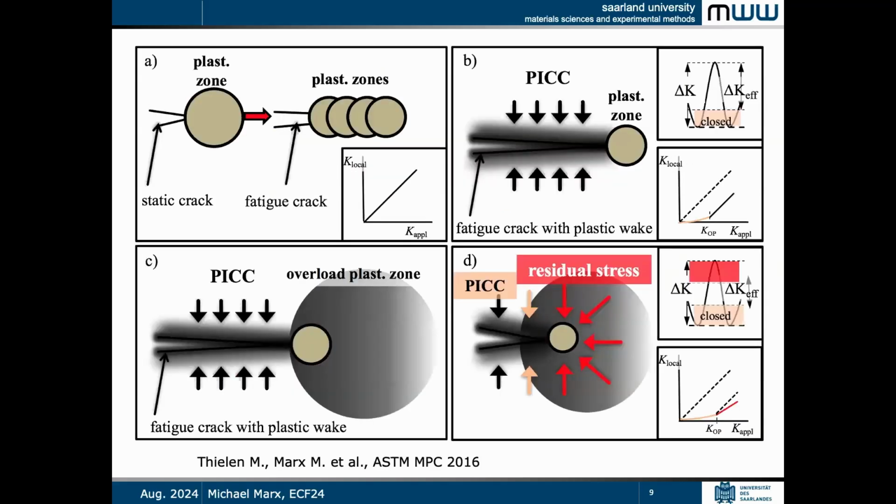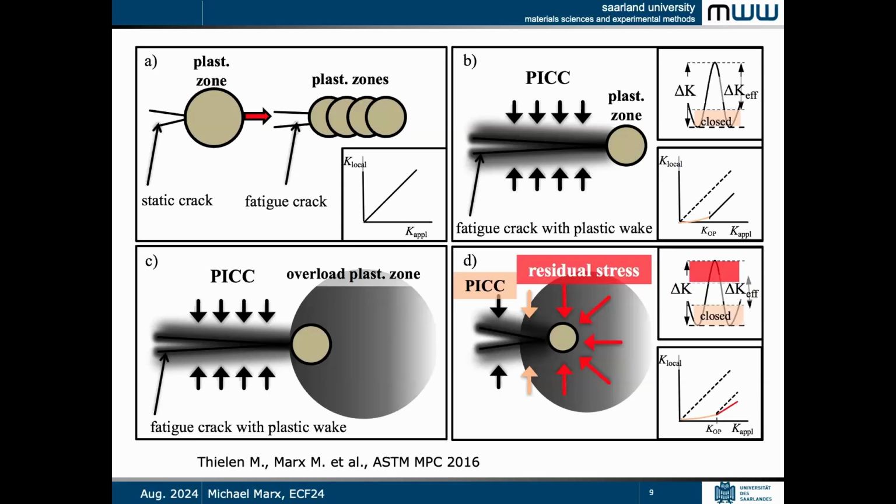overload effect, and there are several ideas where it is coming from. One is that we have plasticity-induced crack closure, which means that the crack is closed by unloading. So the effective delta K is only reached in this area of the loading.